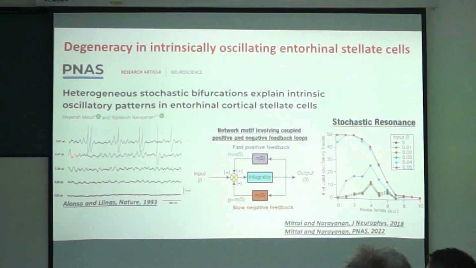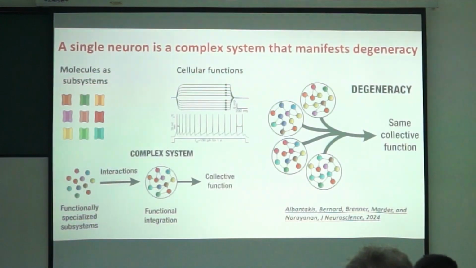This is in the oscillatory neurons that are present in the entorhinal cortex, where we employed even a specific kind of motif, which is a combination of fast positive and slow negative feedback loops for explaining these kinds of oscillations, and showed that there is stochastic resonance as well in these kinds of structures. So in each and every one of these cells that we have looked at, we have found strong evidence for the presence of degeneracy in these structures.